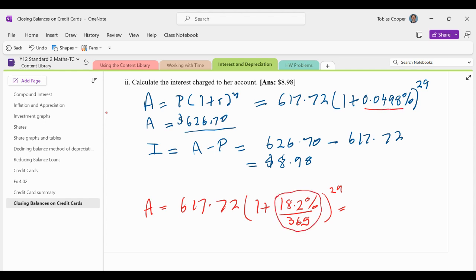Now, you'll still be marked correct either way because mathematically it's the correct process. That would give you a slightly different answer, off by a couple of cents, but that's still okay.